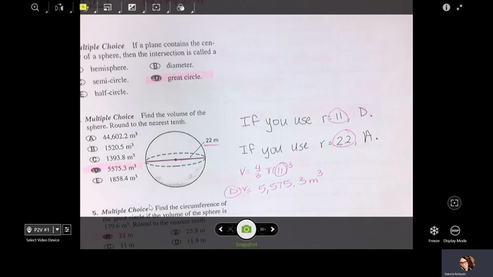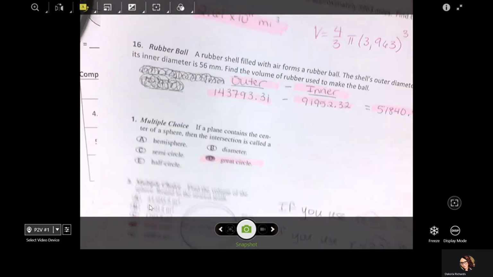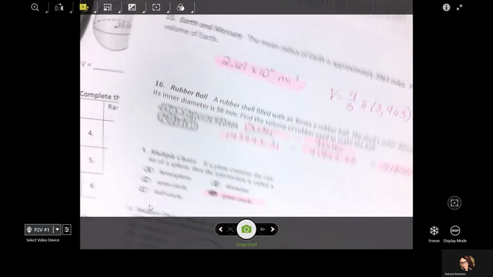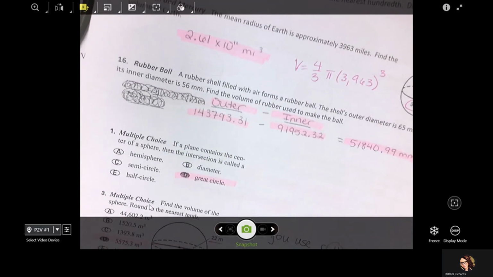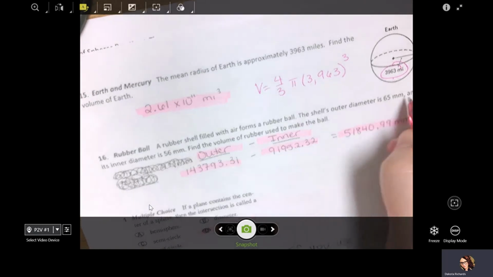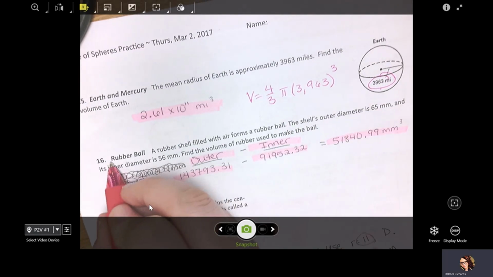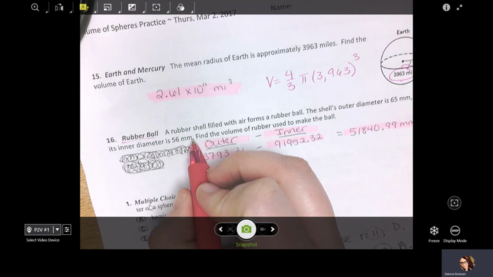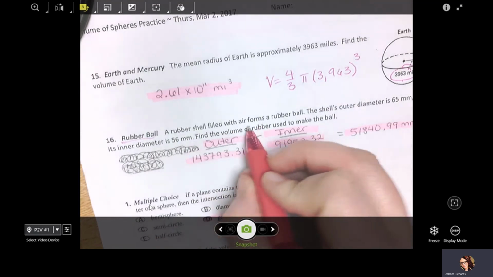Okay, your quiz. Okay, so real quick, it says that you have a rubber ball. A rubber ball shell filled with air forms a rubber ball.